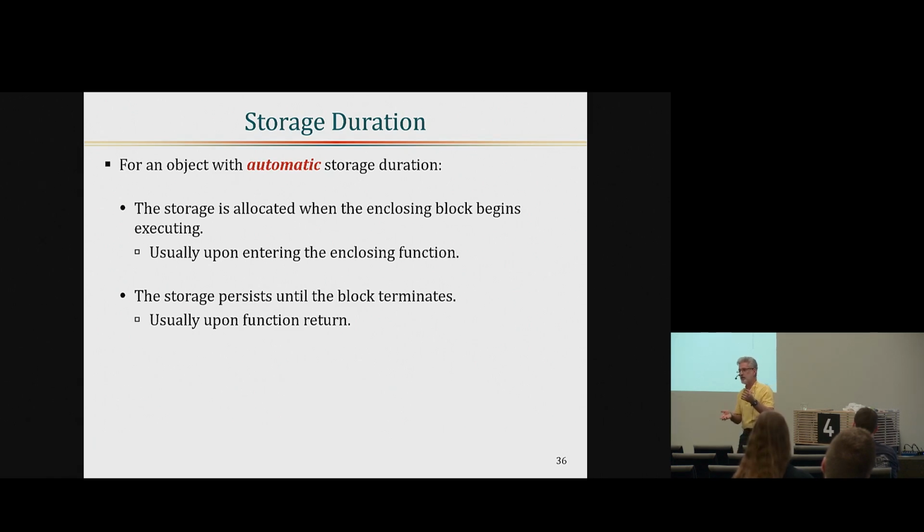Does the runtime system wait until it enters a block to actually allocate that storage, or is it allowed to do it earlier? A lot of compilers will actually look at all the nested blocks and figure out how much storage do I need for the outermost block and the most deeply nested one, and it will allocate all of that upon function entry. And it may be that some of that stuff in the stack doesn't get used.